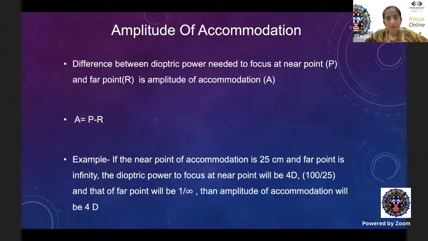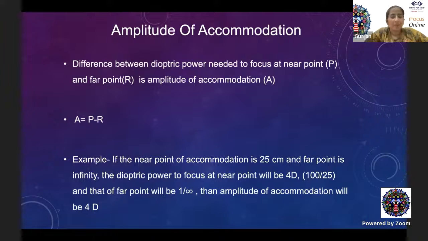The amplitude of accommodation is the difference between the dioptric power needed to focus at the near point and the far point. Basically, it's the difference between the far point and the near point measured in diopters. Suppose your near point of accommodation is 25 centimeters and the far point is infinity.